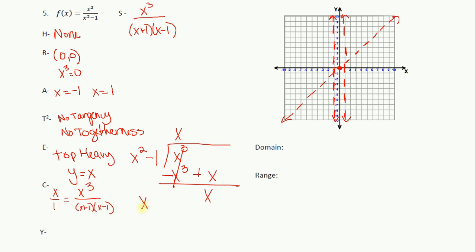I'm going to get x cubed equals, well, this is technically x squared minus 1, so x cubed minus x, if I multiply that. The x cubes are going to cancel out because I subtract, so I'll get 0 equals -x, or x equals 0. That tells me I'm going to cross at x equals 0, which I found I did. So that tells me I am going to have to go through this dot somehow. It's not going to be a parabola in the middle there.